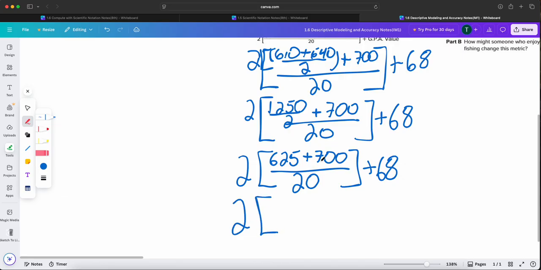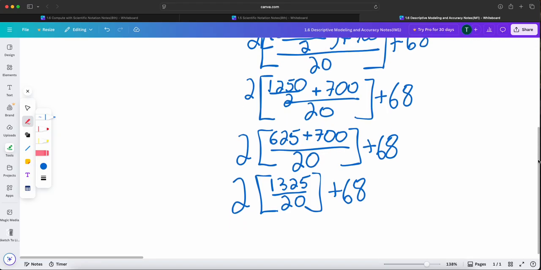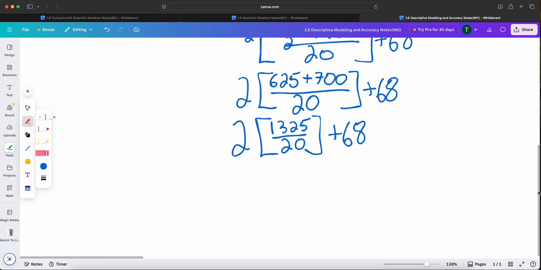So next we'd go ahead and add those 2 numbers in our fraction there. So we have 1,325 over 20 plus 68. So we divide by that 20. If I do that, I get 66.25 plus 68.